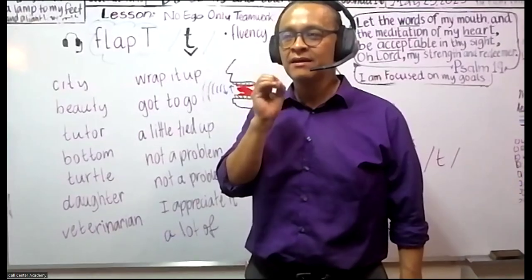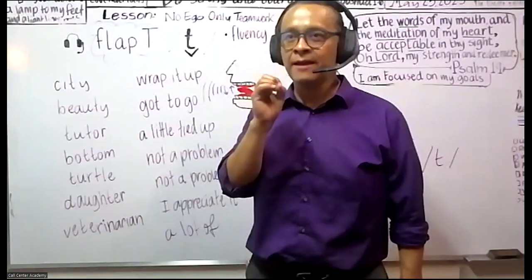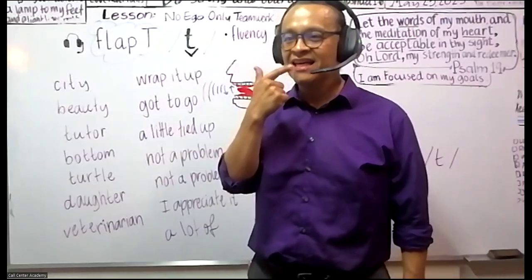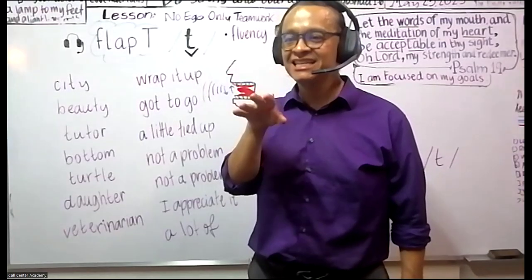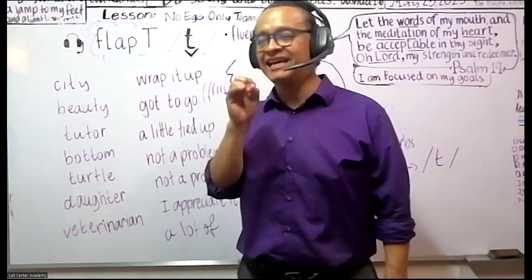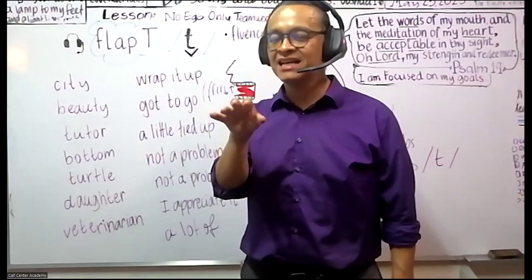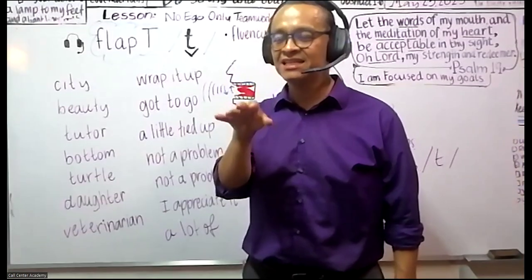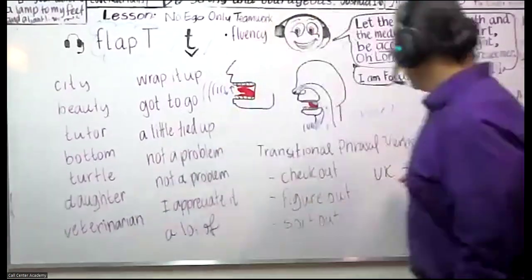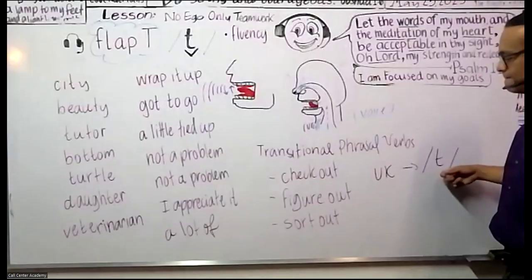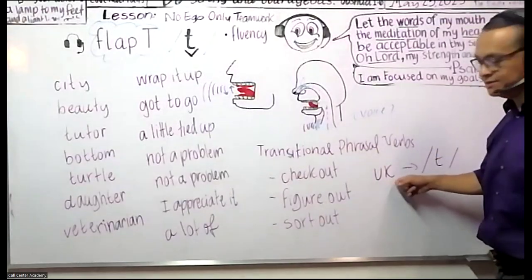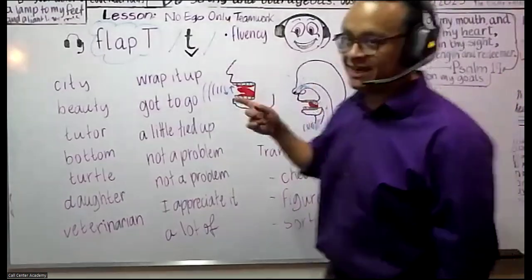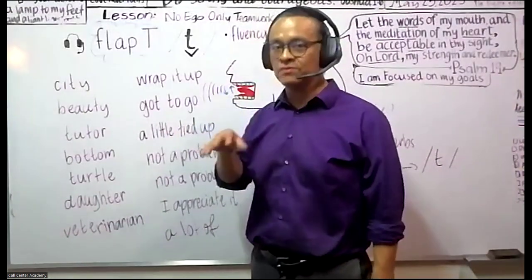It's a quick release, a quick puff of air behind your tongue and teeth. T, t, t, like in touch. T. And that's the regular T sound. In British English or UK English, the T is pronounced with its normal sound.